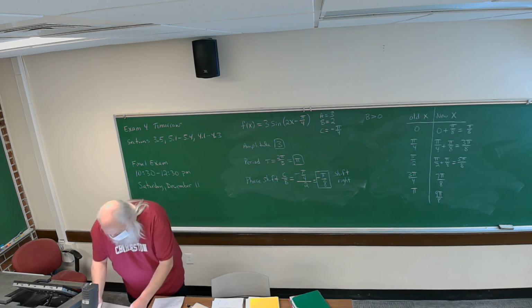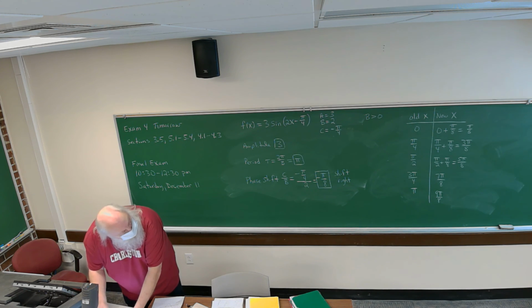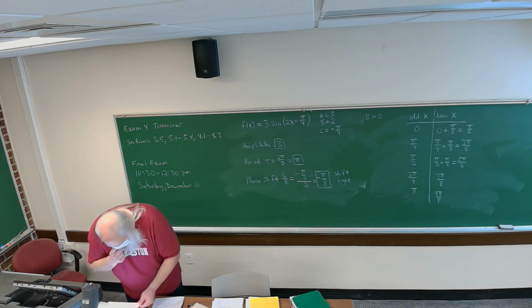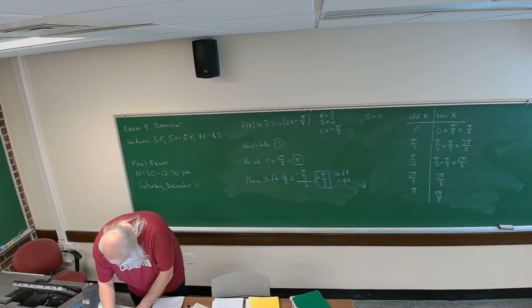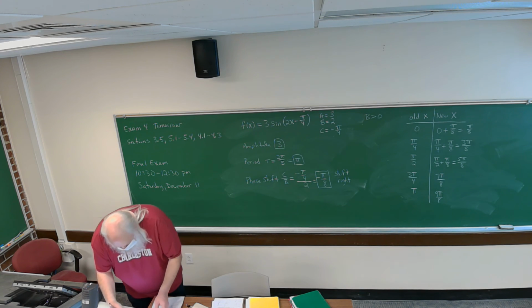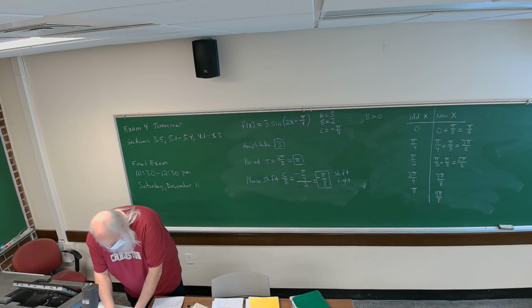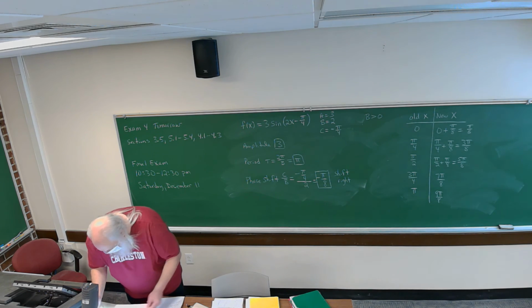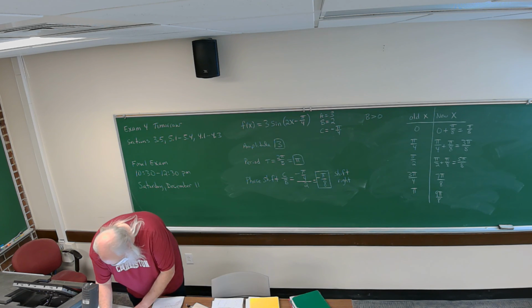So this point at the origin on page 5 is now at pi over 8 on the x-axis. The high point of the graph at x equals pi over 4 on page 5 is now at 3 pi over 8. Everything just gets shifted to the right.